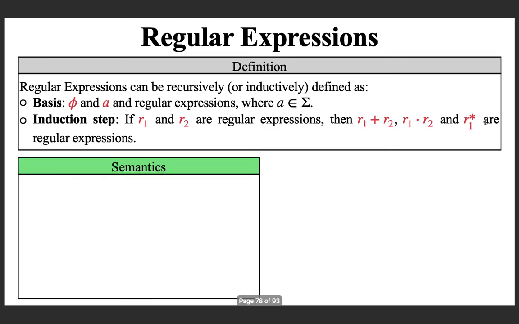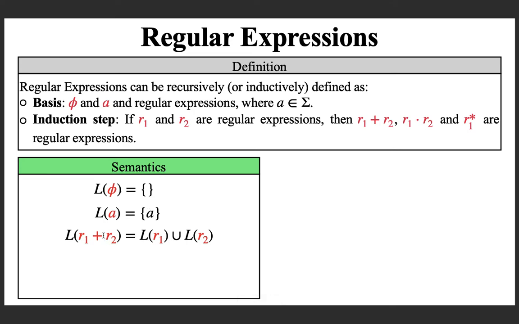If you want to look at the semantics, this is the meaning of phi. It represents this language. For any alphabet symbol small a, the regular expression represents this language. The language of R1 plus R2 is the union of the language of R1 and the language of R2.